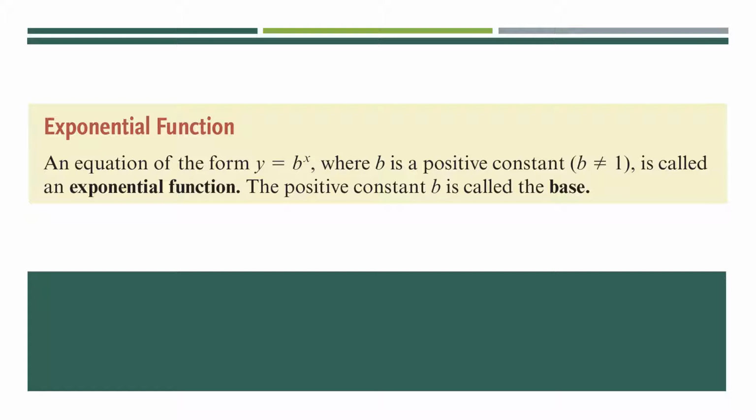Any number that you plugged in for x would still give you back 1. Right? So 1 raised to the second power, 1 squared, is still 1. 1 cubed, which is 1 raised to the third power, that's still 1. 1 raised to the 100th power is still 1. And that's not an exponential function.